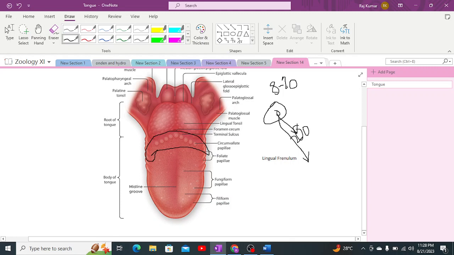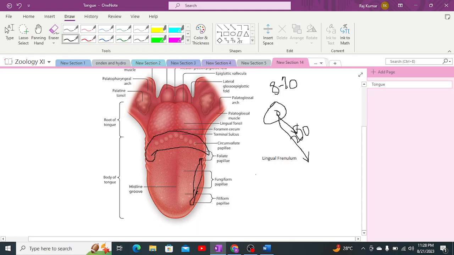After which there is the second type of papillae, known as fungiform papillae. Fungiform papillae are quite smaller compared to the circumvallate papillae, and are present particularly over the sides of the tongue.